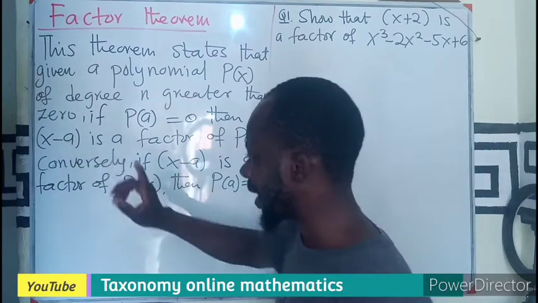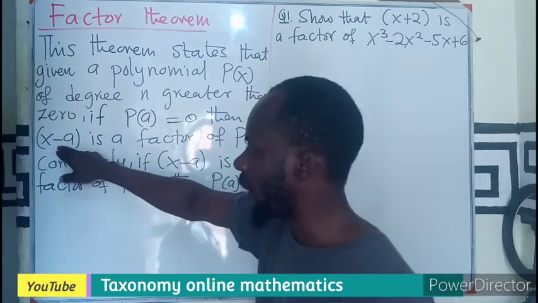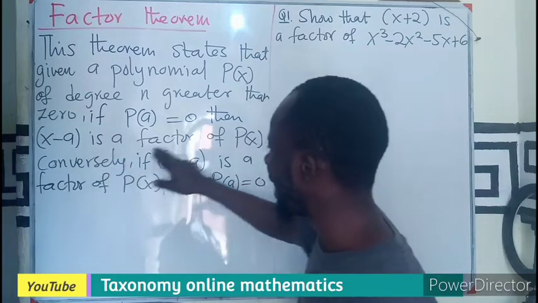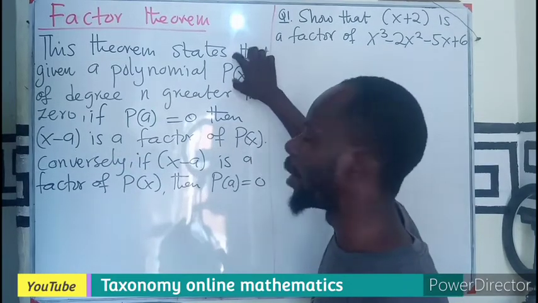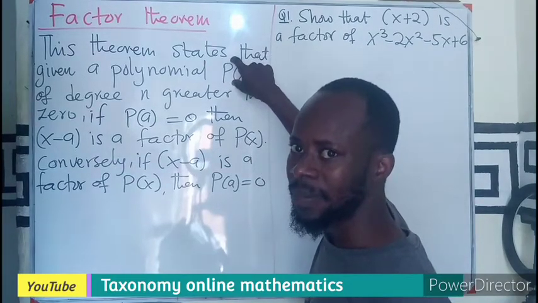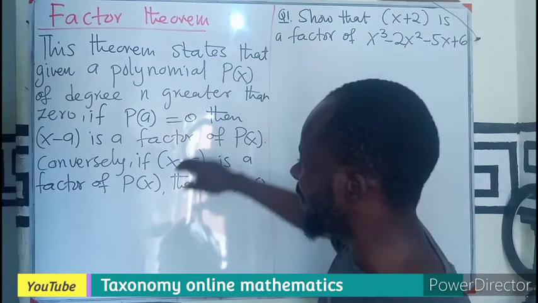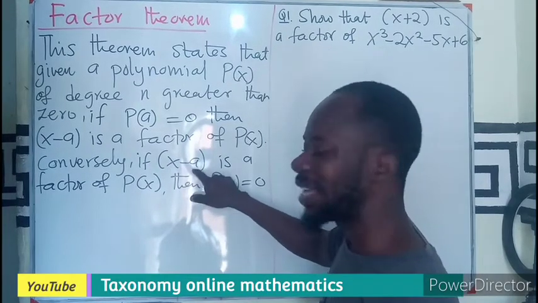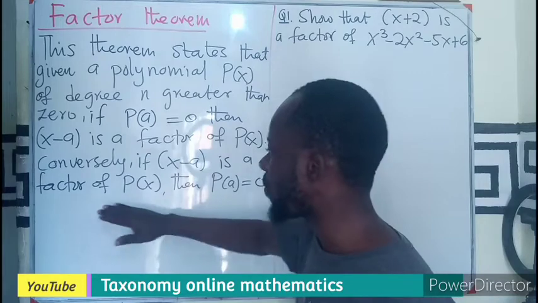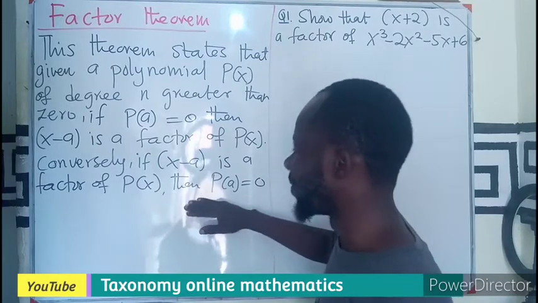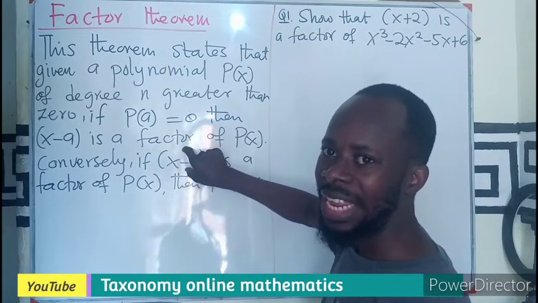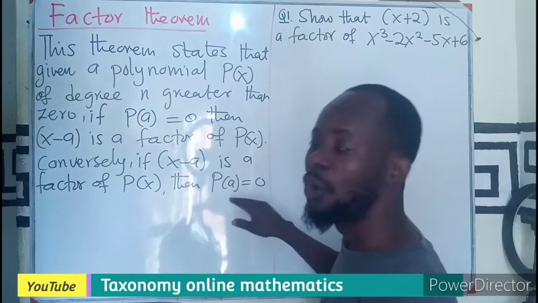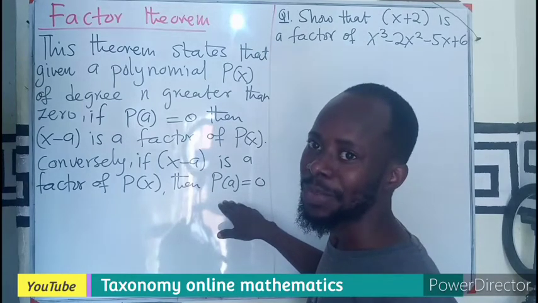If that is the case, then this linear function is a factor of the polynomial given to us. In other words, if x minus a is a factor of the polynomial, then the zero of the linear function should give us 0 of the polynomial.